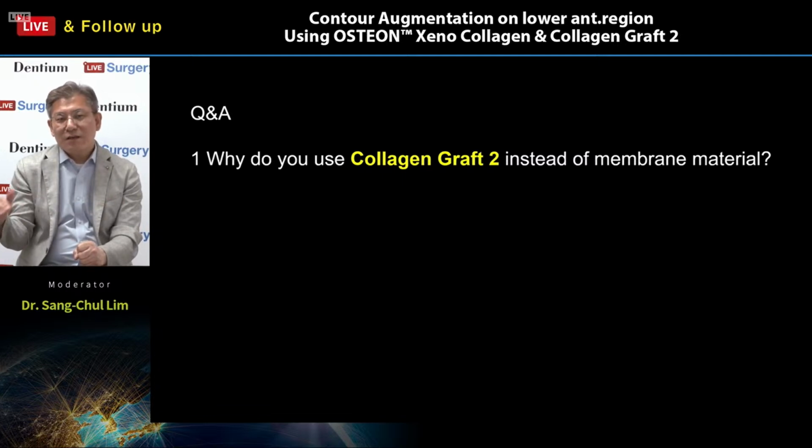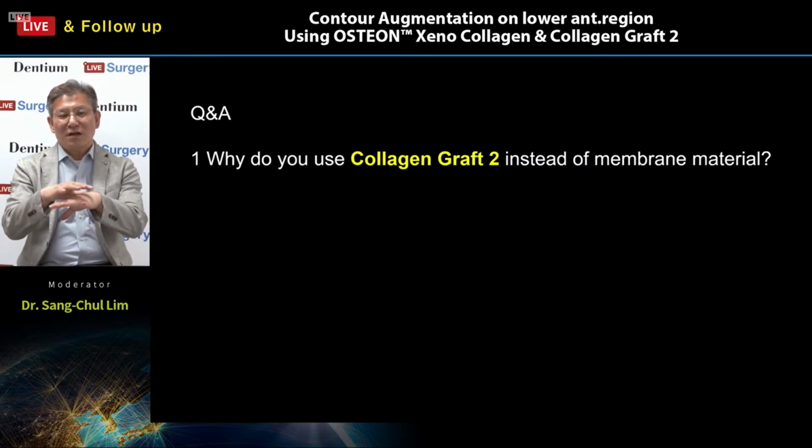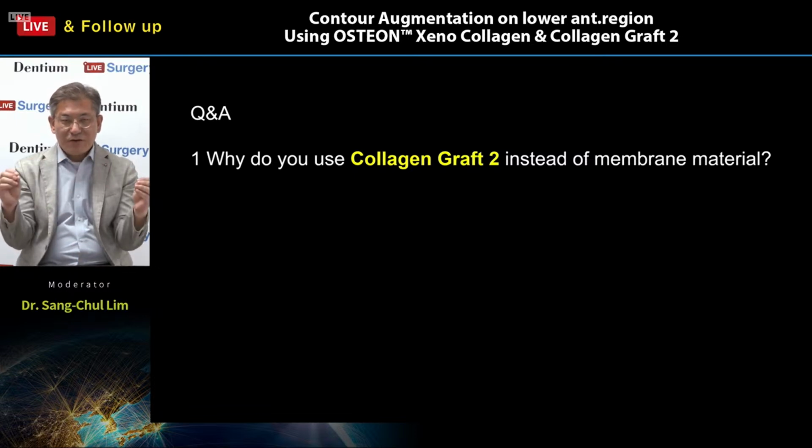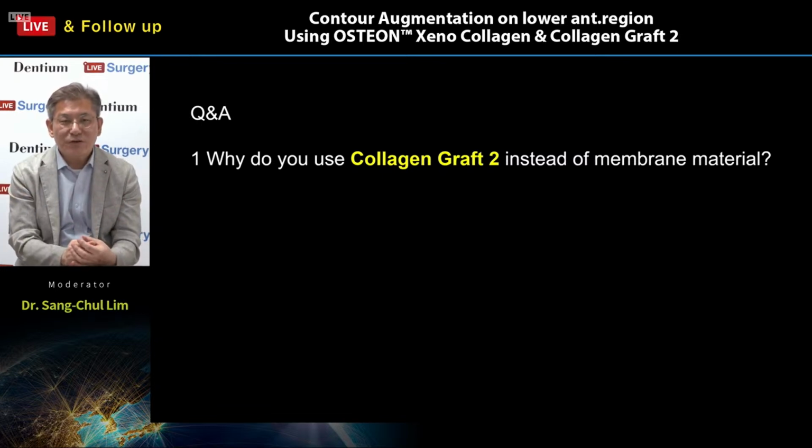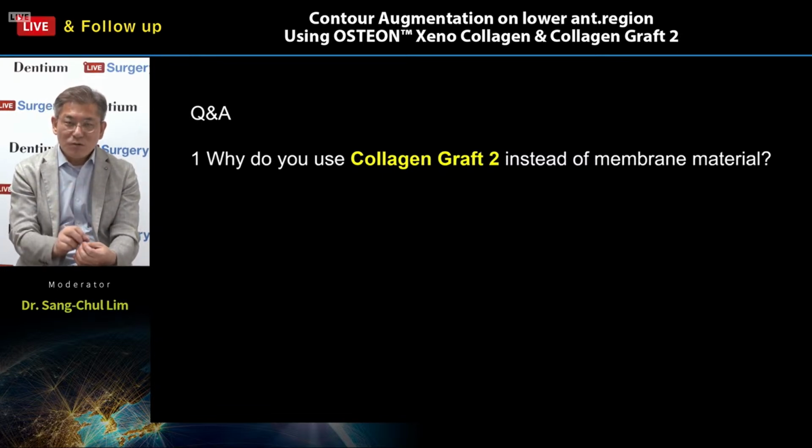Why? Because this membrane blocks the blood supply, right? So in thin areas, thin biotype, and lack of soft tissue, you have to be cautious. You have to use it gently and take some caution when using this collagen membrane as a barrier membrane.